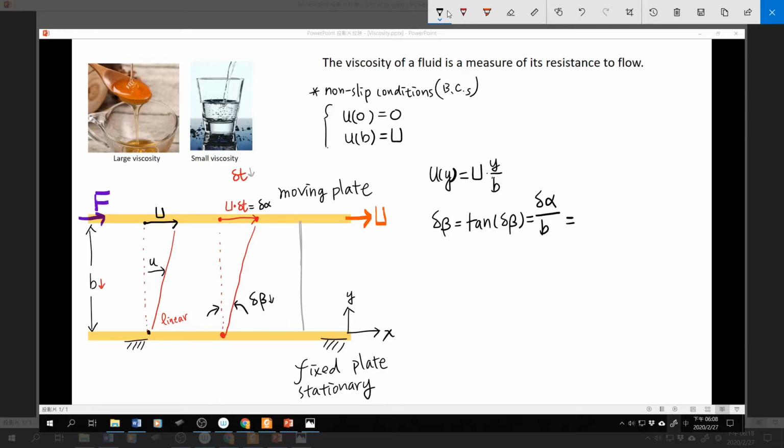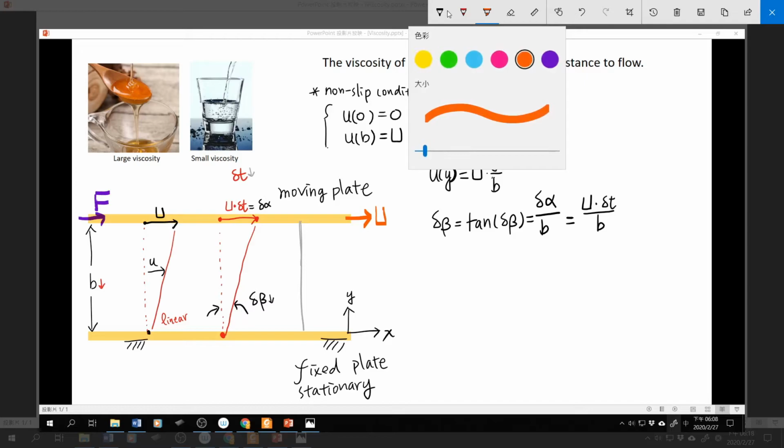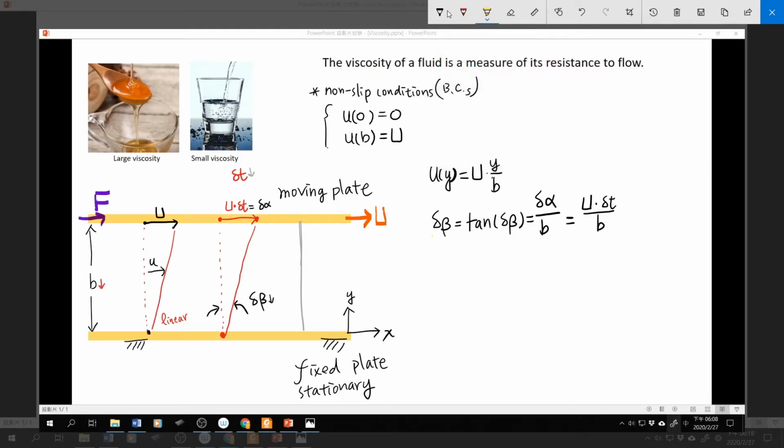And then we know that delta alpha is equal to u times the time increment. So we get the relationship between beta, the time, the velocity and the gap, right?